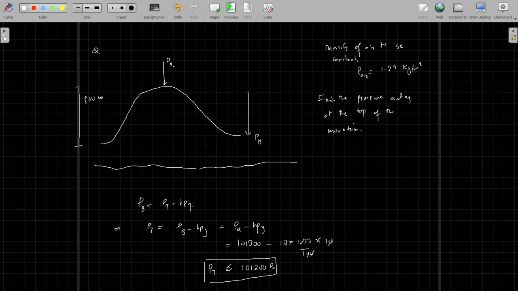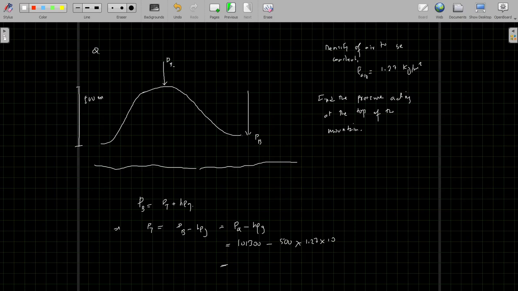Oh, I should have taken 500 meter. I'm very sorry. It should be 500 meters. So 500 into, same way, 1.27 into 10.